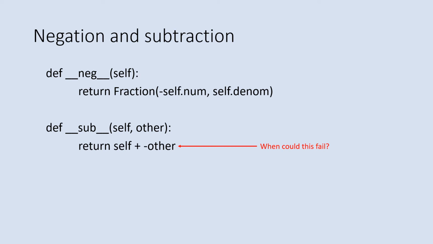So we might have another line in place that checks to see whether other is an int or a fraction. Then if it's not an int or a fraction, we raise an error. But if it is an int or a fraction, then we have this line to return self plus negative other. So we can reduce the amount of code that we have to write, and take advantage of things that we've already written.